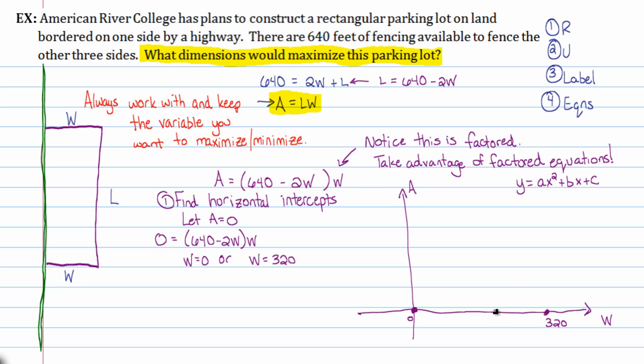That's got to be a quadratic equation. So halfway in between, I'll mark this axis of symmetry. Halfway in between is going to be w equals 160. So I know I'm going to have a parabola that attains its maximum right halfway in between at 160 for w.